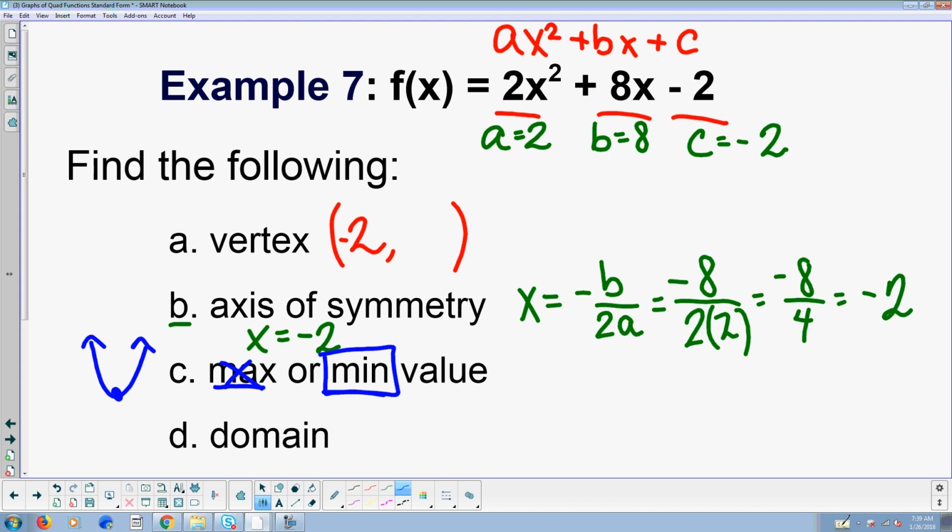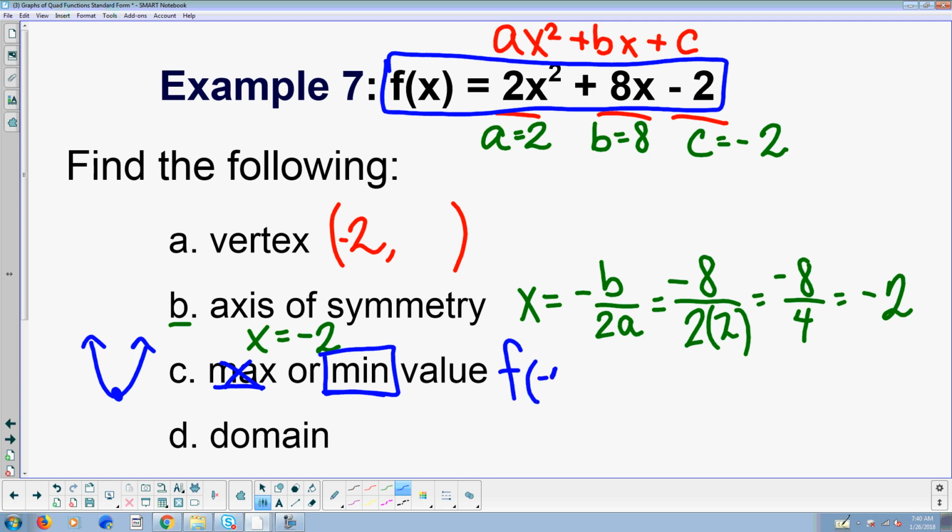Okay, in order to calculate the minimum value, we're going to go back to the original function, and we're going to substitute our x with what we found to be the axis of symmetry. So what we're evaluating is f of negative 2. Negative 2 is the axis of symmetry. We substitute that into the function in place of x.